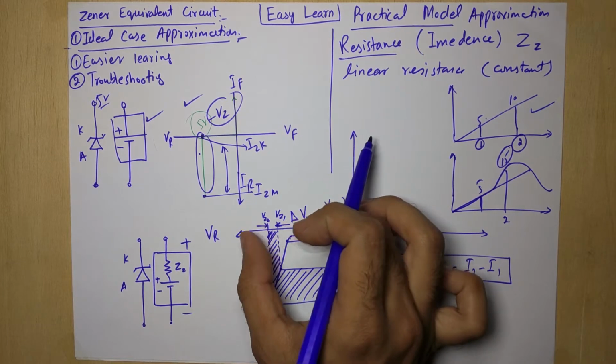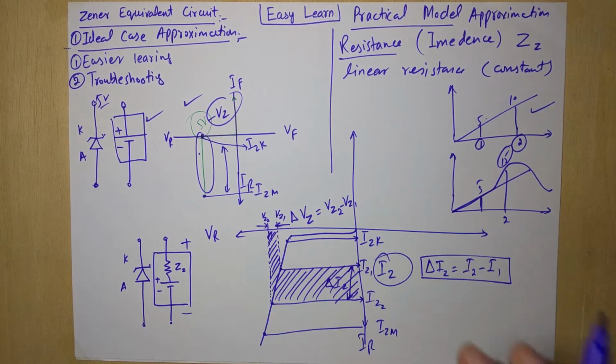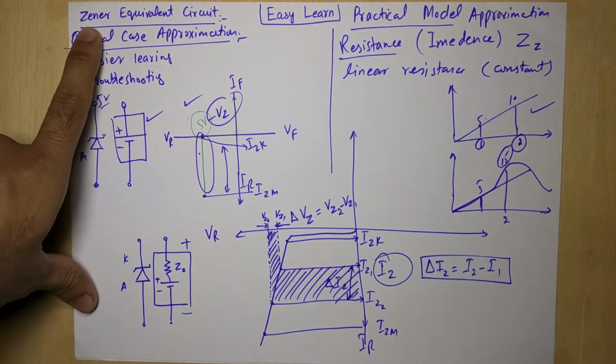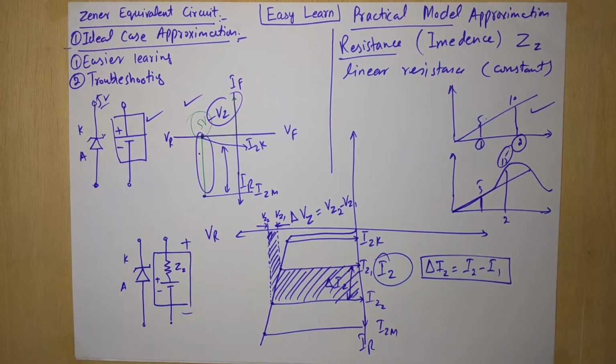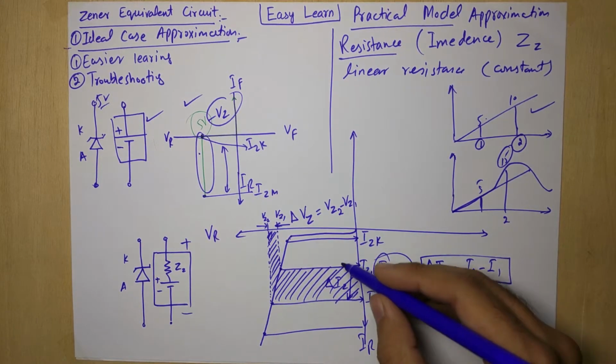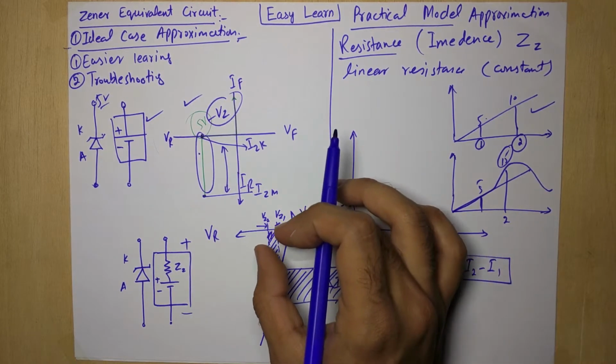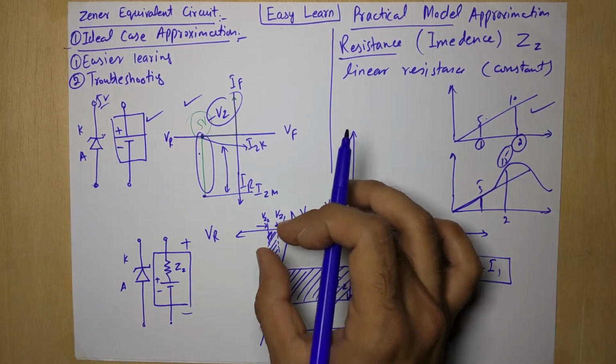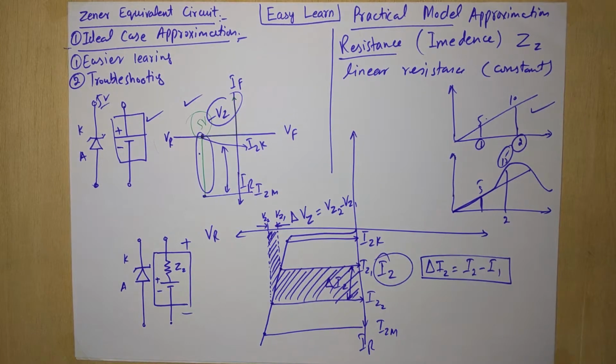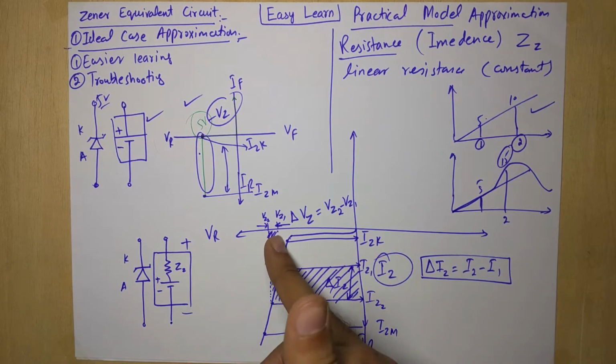The narrower the variation is, the better our Zener diode is. It has better regulation. So if 2 points change, you can see this is a change, and we also receive a little bit of change in our voltage here in this case.